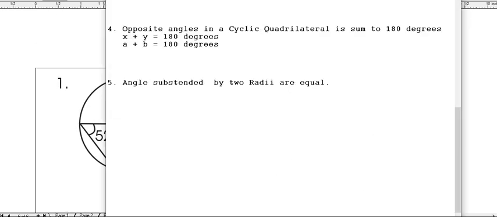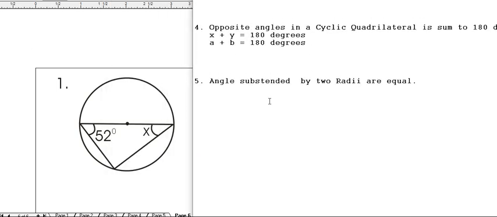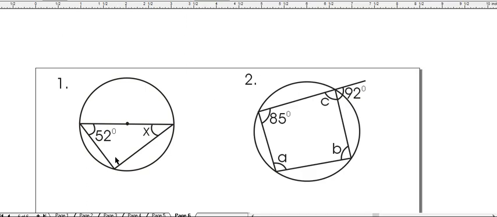From this question number 1, we can see that we're given a circle and a diameter, and I told you that the angle subtended by the diameter of a circle at any part of the circumference is 90 degrees. That simply means this angle down here is equal to 90 degrees.